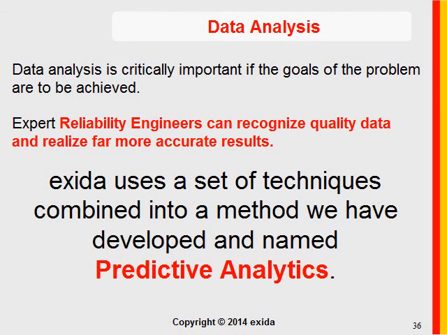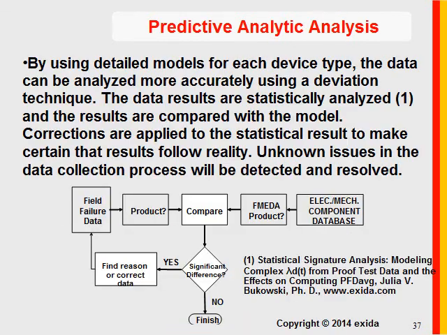We use a set of techniques that we've all combined into a method that we've named predictive analytics. So all our failure rate estimates are based on this predictive analytics concept.